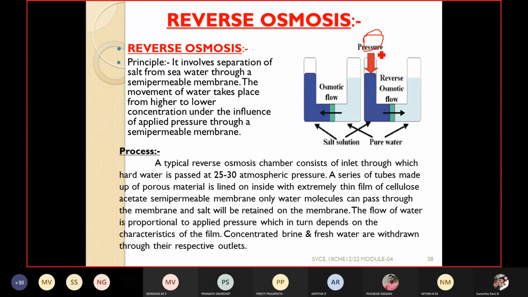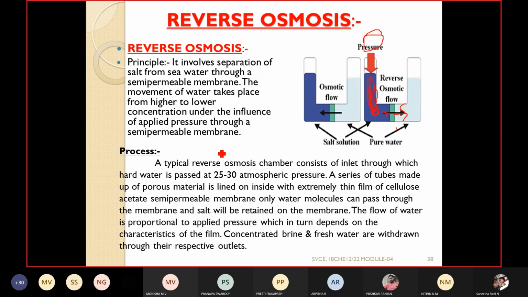If you apply 25 to 30 atmospheric pressure, the dissolved salts, here the thick blue color, at this pressure the water moves to the lower concentration side, and this becomes fresh water. It can be used. What you call RO water. Nowadays everyone has started using RO water. The same RO is nothing but reverse osmosis water obtained by applying high pressure.